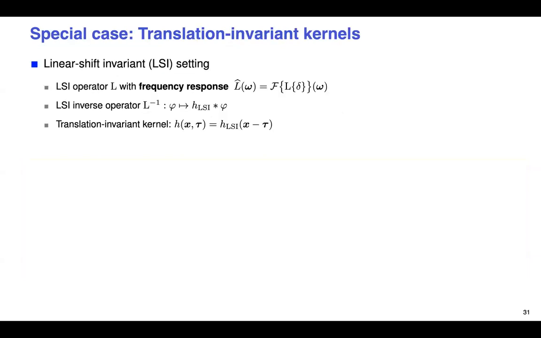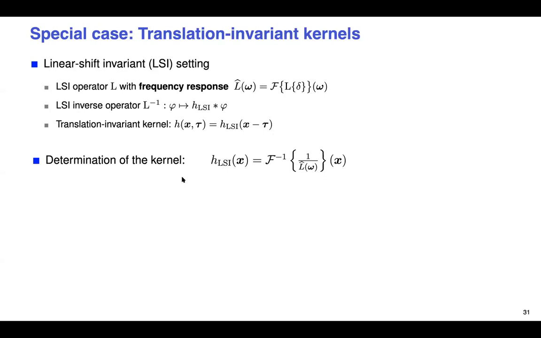So then we can go to the translation-invariant case. In this case we use an operator that has a frequency response. And so this means the operator as well as the inverse can be characterized by a convolution. And that means that the kernel, instead of depending on x and tau like that, only depends on the difference of those two variables.